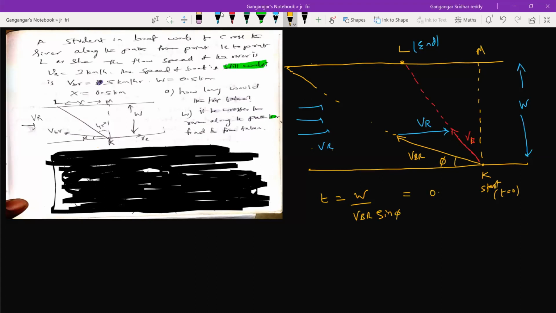So just write 0.5. What is VBR? Velocity of boat. Still water is telling what to do? Same. It's the velocity of the boat with respect to the flowing river only. So this is phi, sine phi. So T is equal to 1 by 10 sine phi. Keep this equation in hand.